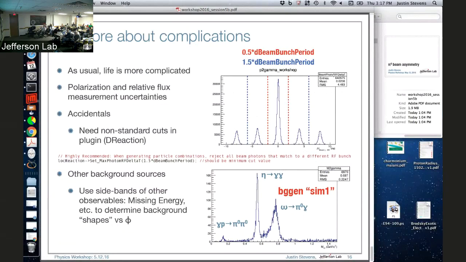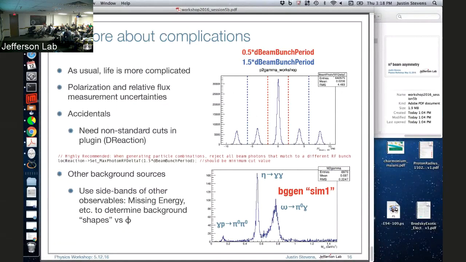The other thing that, again, I'm not going into here is that we do have some peaking background underneath our pi0 yield for our signal from this BG-gen sample. And it's so small in this case relative to the pi0 yield, at least in simulation, that it has no effect on the extracted asymmetry. But what you'd like to do is in data use some other sideband determination of what the phi dependence is of this background.